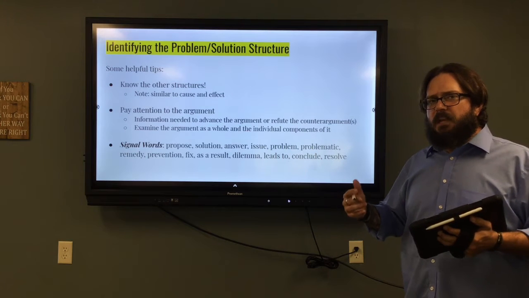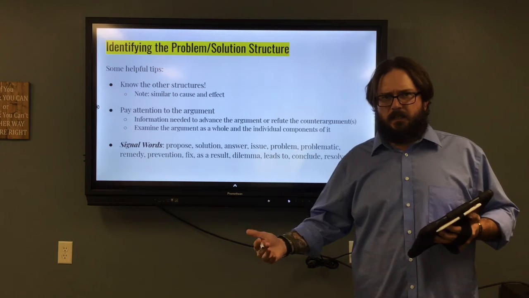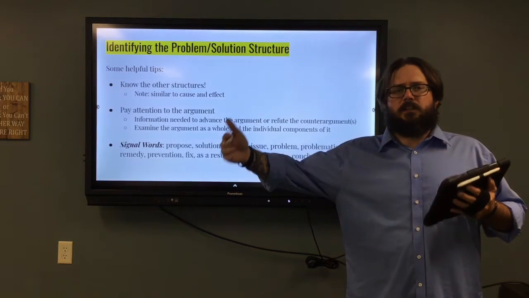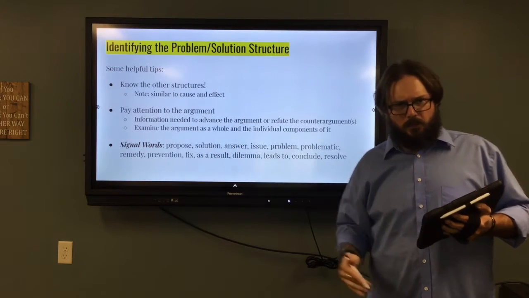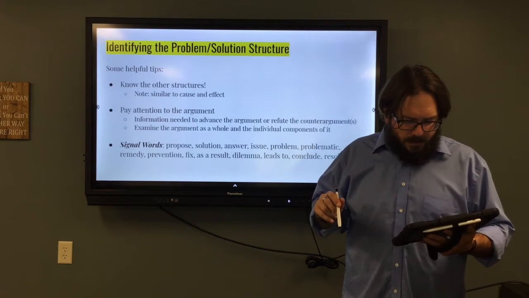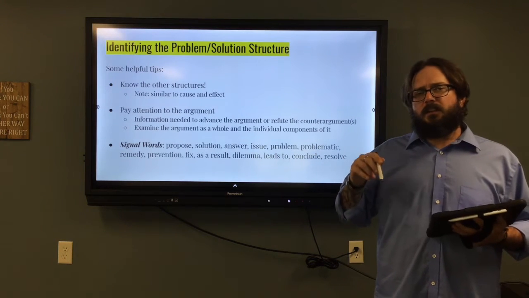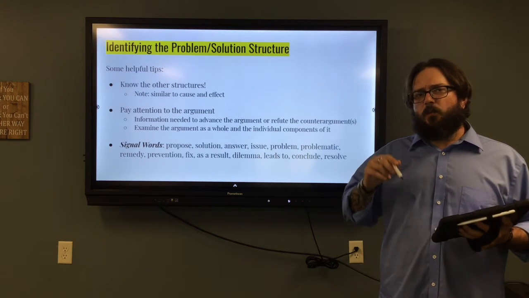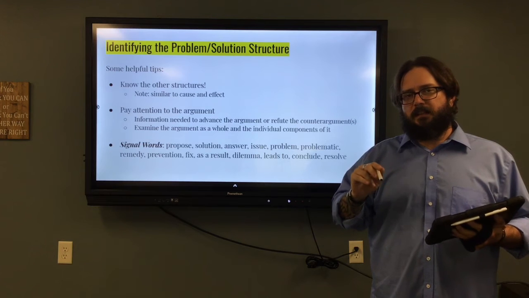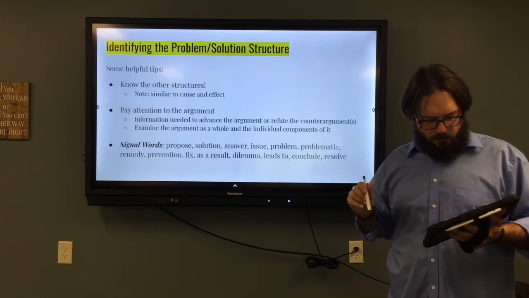In this case, they may offer a counter argument on why maybe a particular solution is not going to work. So examine the argument as a whole and the individual components of it. By doing that, it will help you best determine that we are looking at the problem-solution text structure.